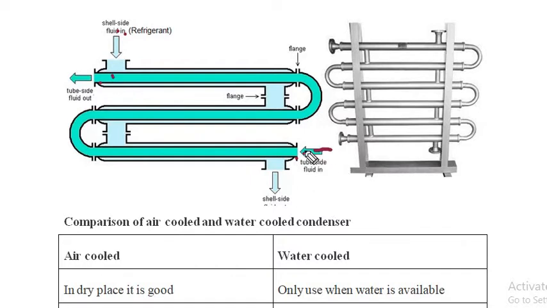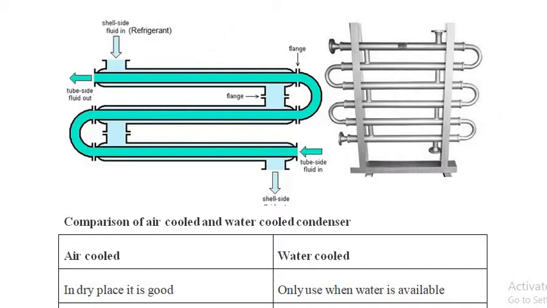When the cold fluid enters this side and the refrigerant enters the other side, they exchange heat by the convection process inside the shell. This is the main picture in this application; you will see this kind of image for the condenser.